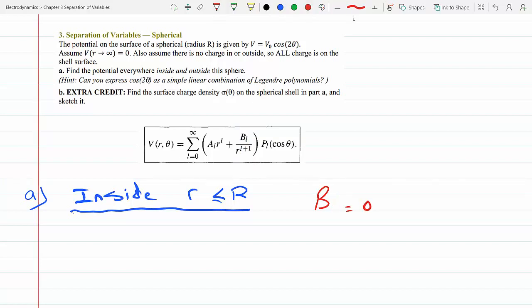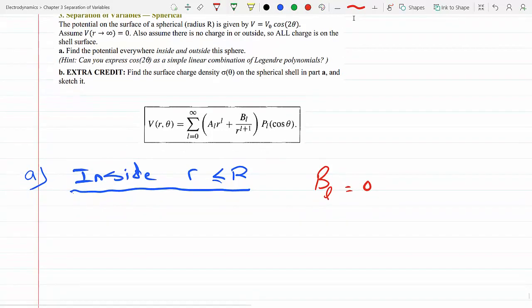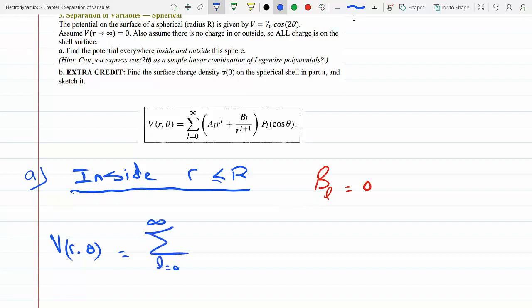Okay, so that prevents the second term in the summation from blowing up at the center. So my V there would become AL R to the L.